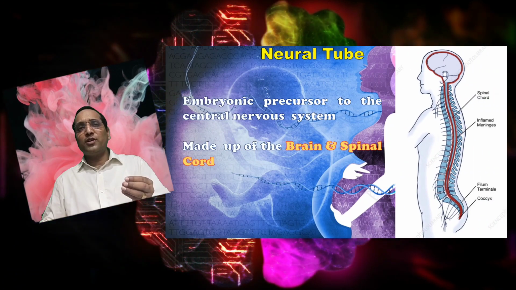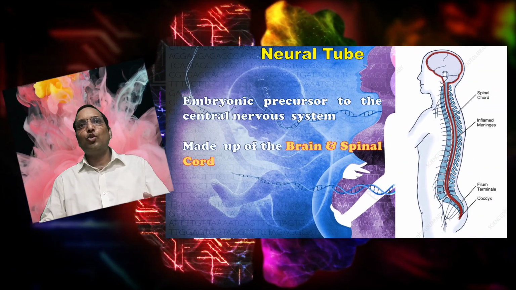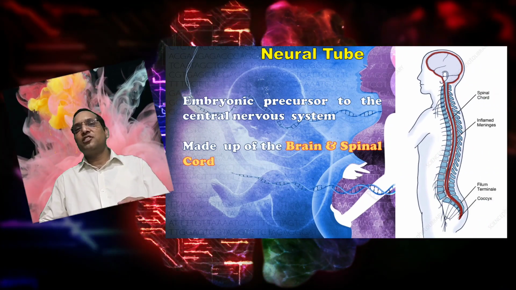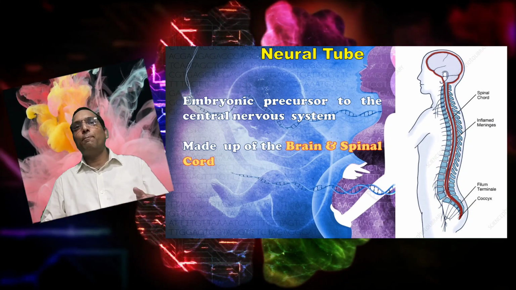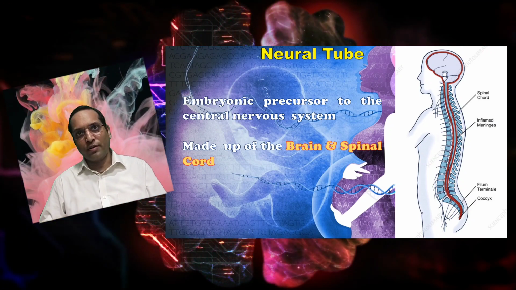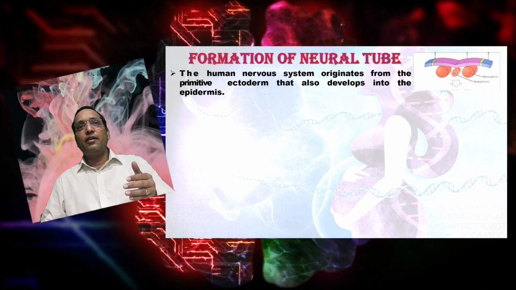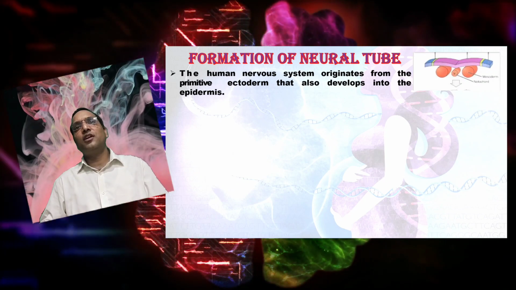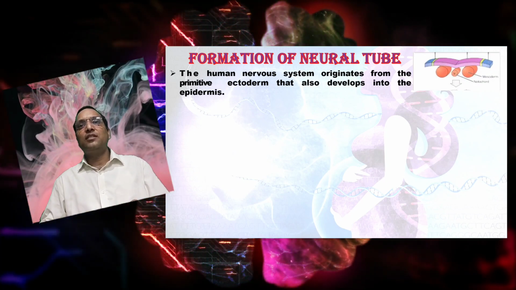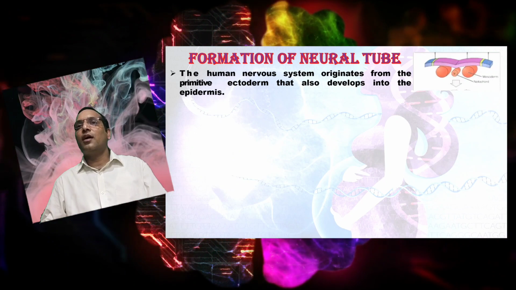The neural tube is the embryonic precursor to the central nervous system, which is made up of the brain and spinal cord. The human nervous system originates from the primitive ectoderm, which also develops into the epidermis.